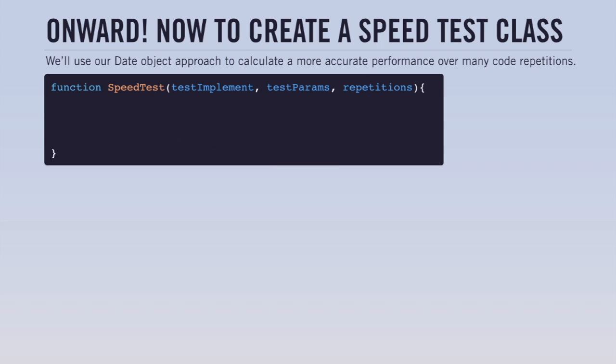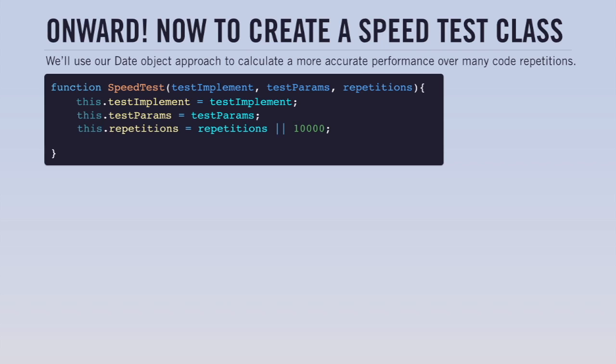So now let's flesh out what each individual speed test object will actually look like. Here you can see we've got test implement going in a test implement property of a new object. Same thing for test params. But then here in our repetitions property of our speed test object, we're going to allow the repetitions to be optional, and we're going to use our logical assignment best practice to do that.